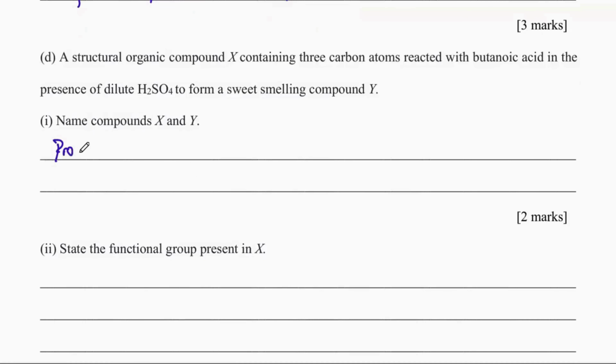Since X contains 3 carbon atoms, it's going to be propanol, and our Y is going to be propyl butanoate.